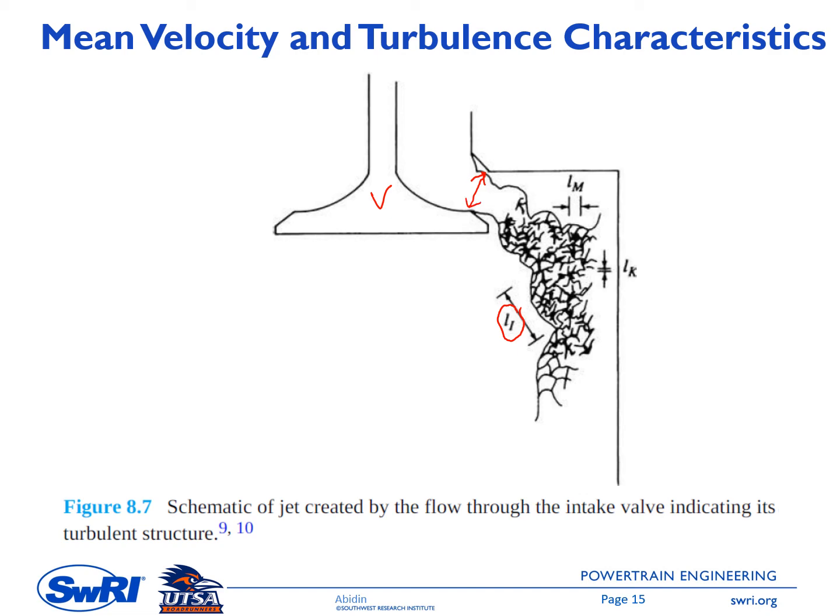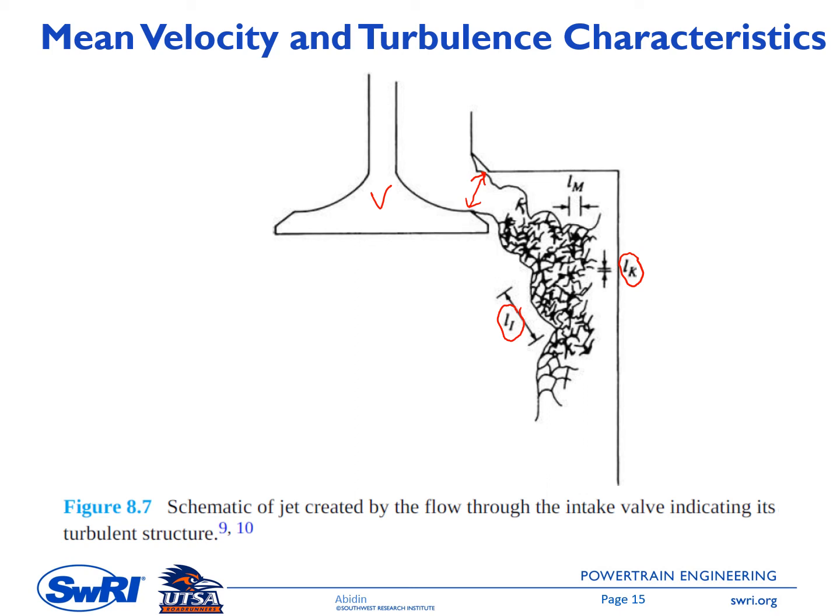And then we also have the smallest length scale, which is represented by Lk. K here stands for Kolmogorov, the first scientist who proposed this theory.